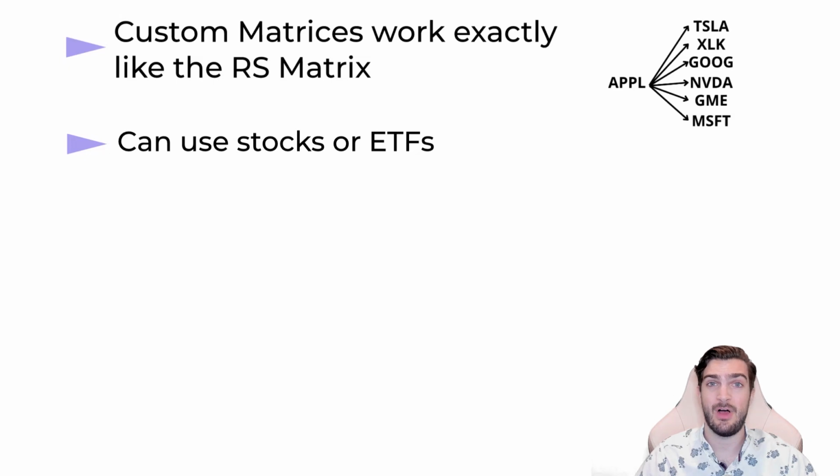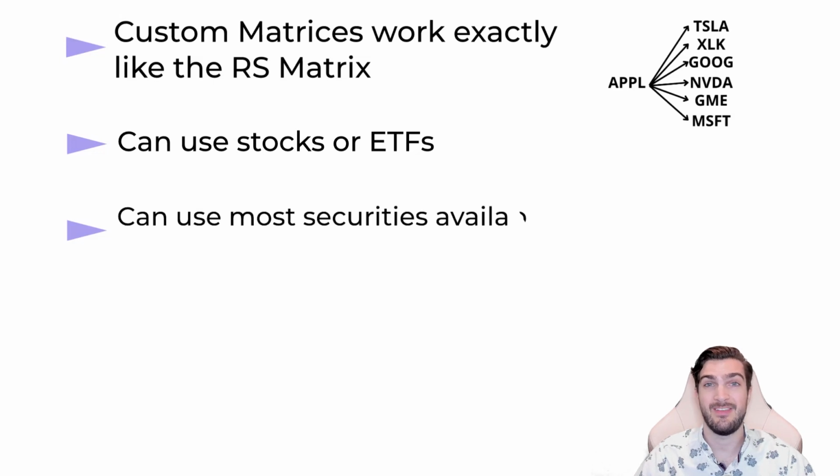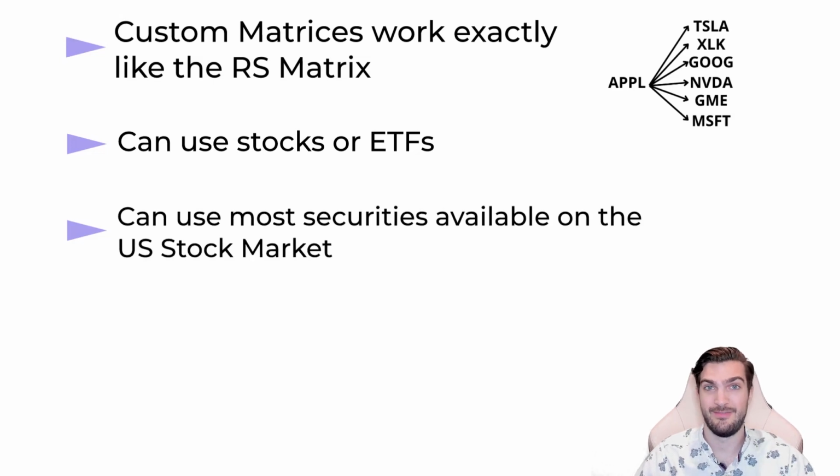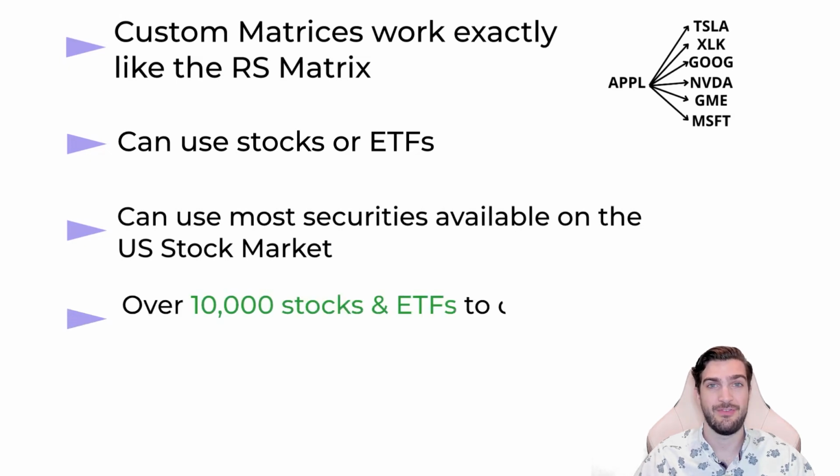If it's tradable on a US stock exchange, we offer it as a custom matrix option for you to add and compare against any other set of securities. Currently, we allow you to create custom matrices out of a set of over 10,000 different securities, ranging from stocks and ETFs available on major US exchanges.